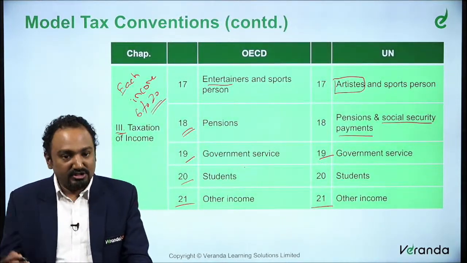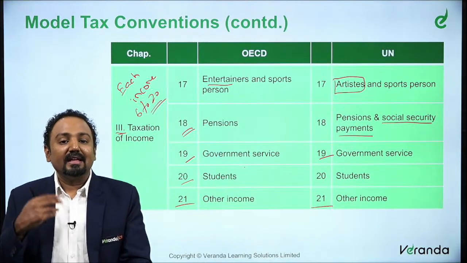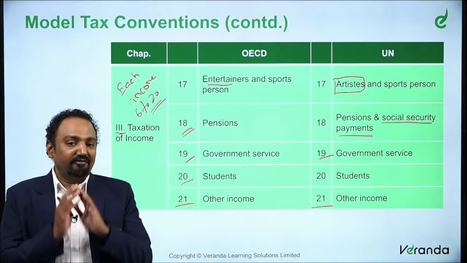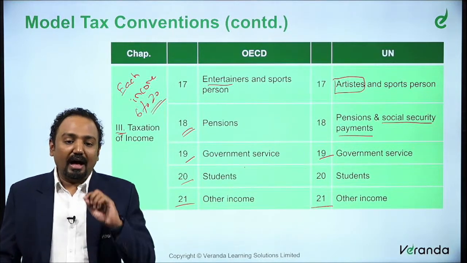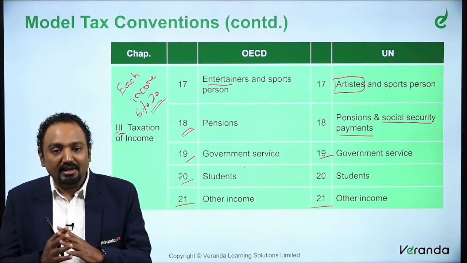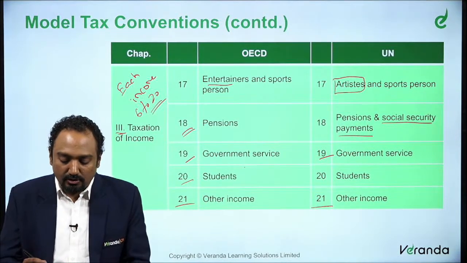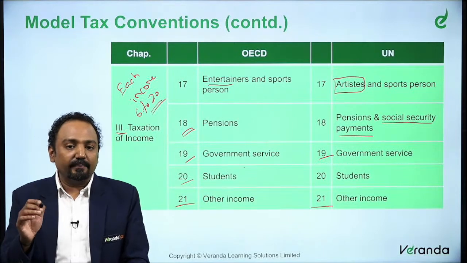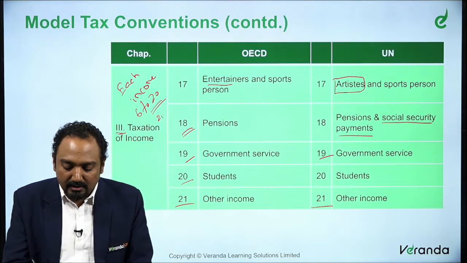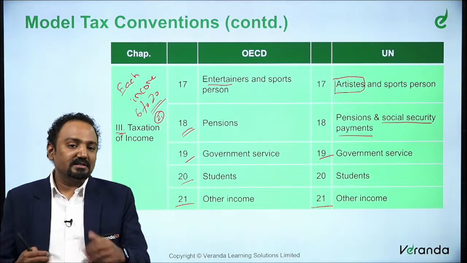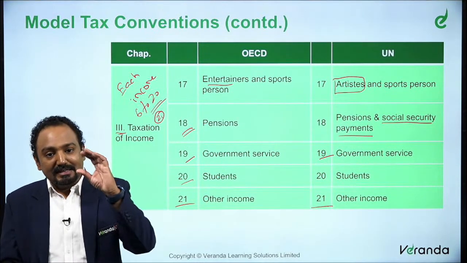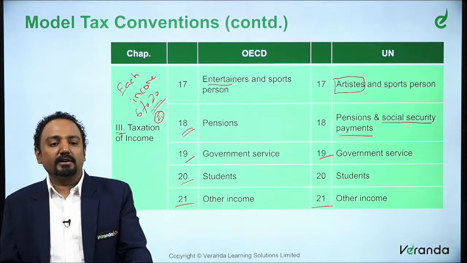You also have pension, social security, government service, students, and finally the last article is about other income. All this put together is about taxation of income. So from Article 6 to 20, everything talks about each income. If something is left out, it is covered in 21, a miscellaneous article. This is the third chapter of both the OECD and the United Nations.